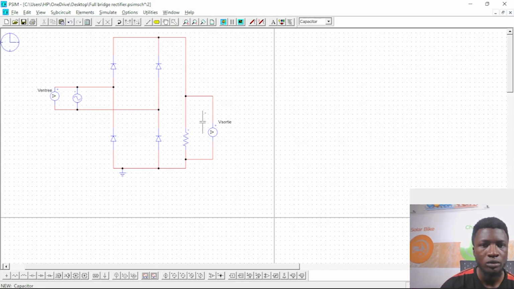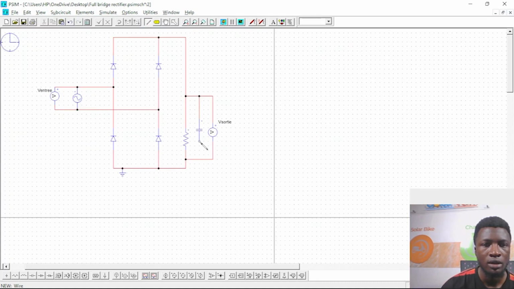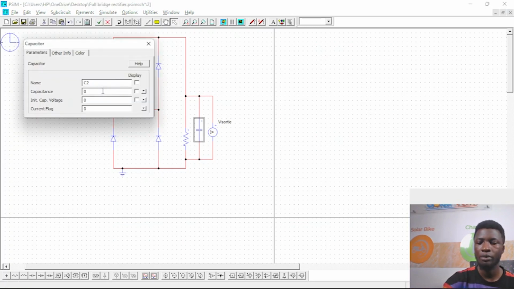So we add a capacitance parallel to that of the output voltage, and check how much you give to the capacitance.